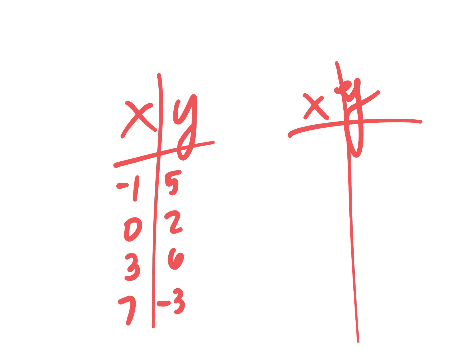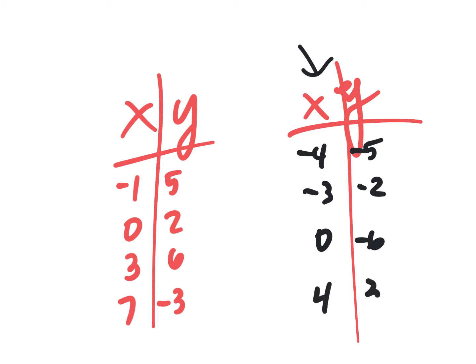If my new points on this chart were different, they were -4, -5, 3, -2, sorry, -3, -2, 0, -6, and 4, 3, what on earth happened between the ones on the left and the ones on the right?